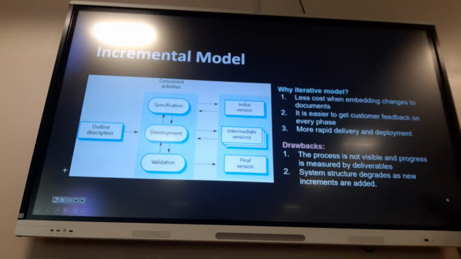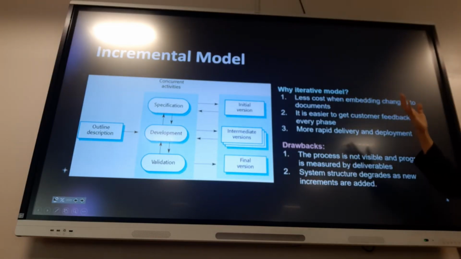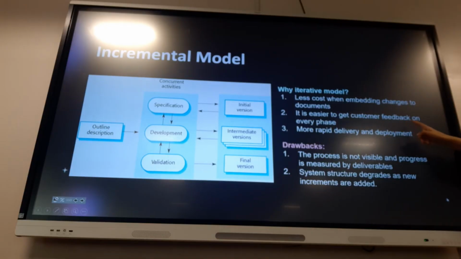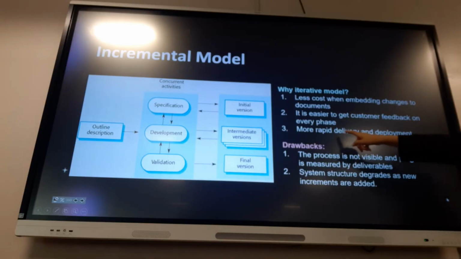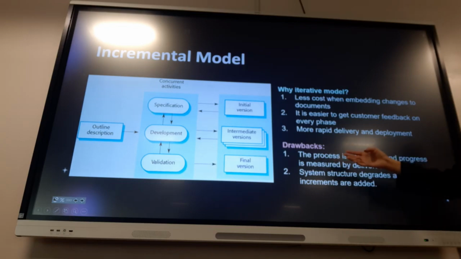So iterative in general has low cost because you can embed changes as you move. It's easier to get feedback on every phase, and delivery is more rapid, as we mentioned. Like every week you can imagine having one deliverable. So it's very fast when it comes to seeing results. But the drawbacks are that you can't have full visibility on the process.